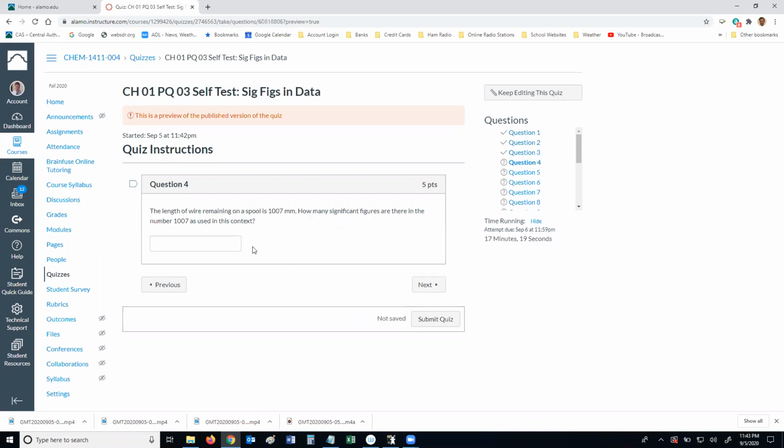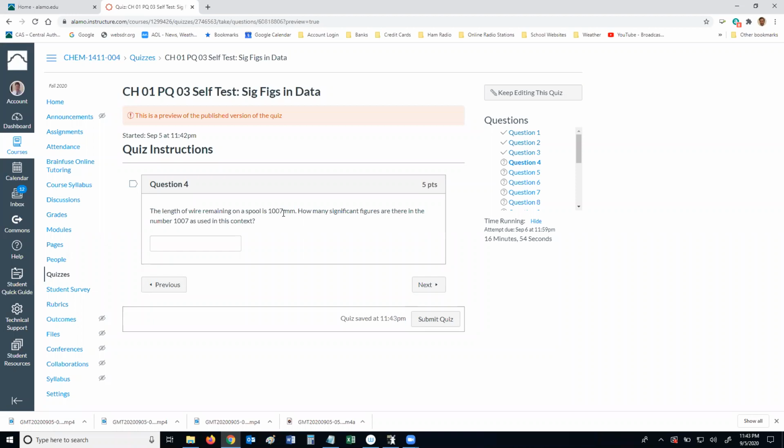Okay, question 4. The length of a wire remaining on a spool is 1007 millimeters. How many significant figures are there in the number 1007 as used in this context? Well, we got a 1 at one end of the number and a 7 at the other end, which are both significant because they are non-zero digits.